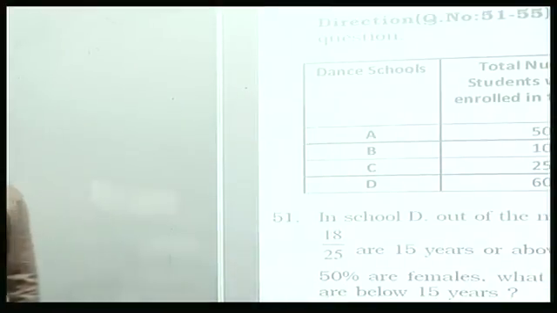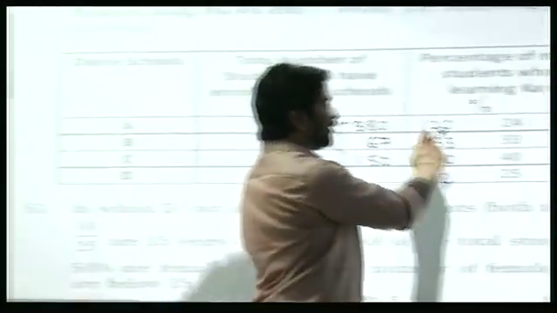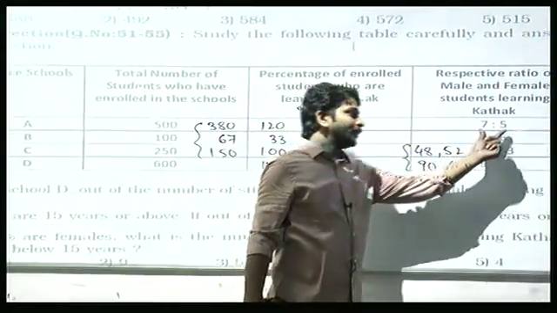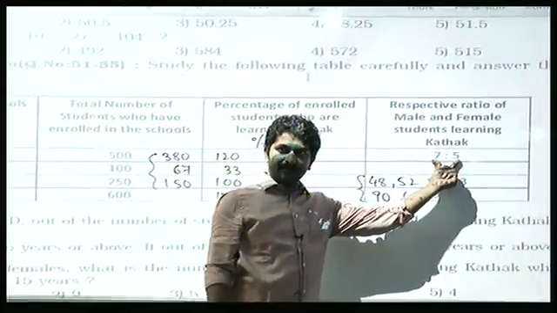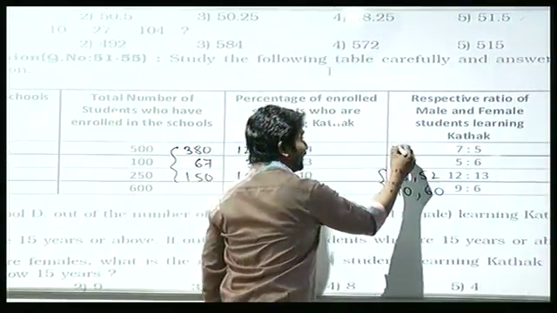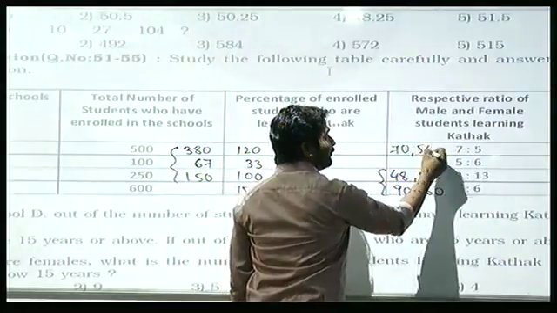So here you must go for conversion. This is compulsory. So how many are there total who have enrolled for Kathak? 120. Now 120 is divided into 7:5 ratio, total 12 parts we have. 12 parts is 120, each part is 10. So 7 parts is 70 and 5 parts is 50.